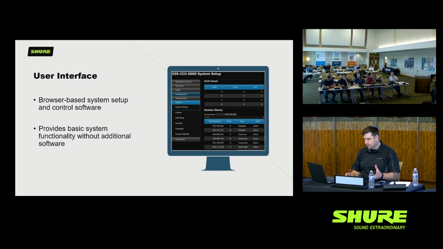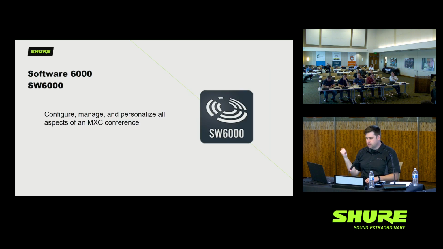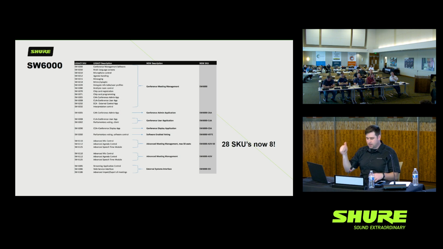But the real power of MXC, and you'll see in our council meeting, comes when you start adding Software 6000. And Software 6000 is everything that you can ever want it to be, because there's just a gazillion features and licenses and all these things. And the licensing thing was kind of a problem. In the beginning, we had 28 SKUs, and it was just way too much, because as things would change or the spec would change, you wouldn't know what it was.